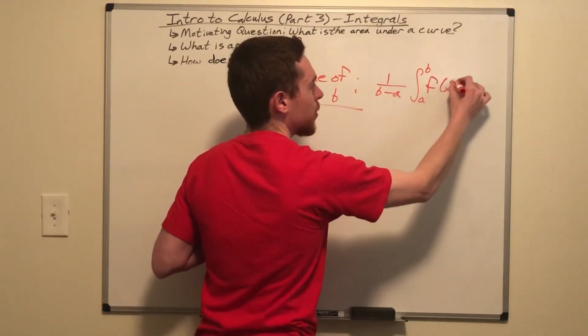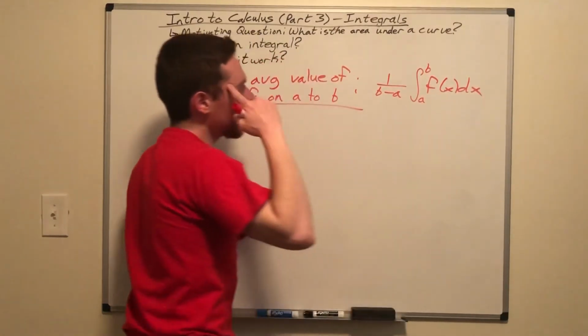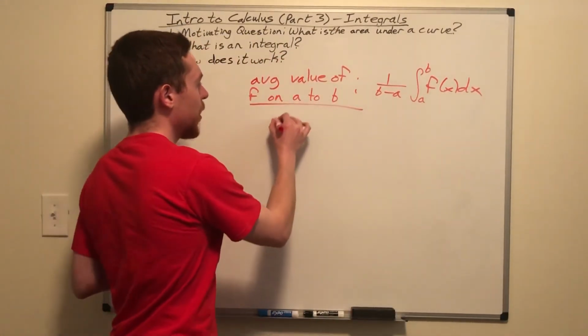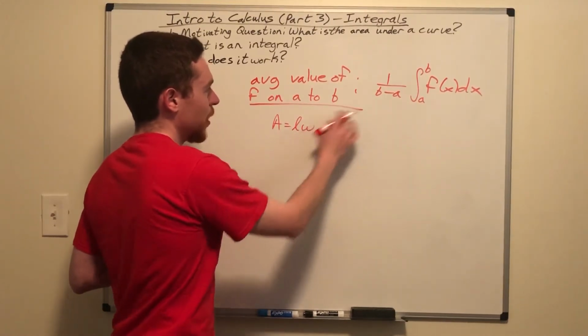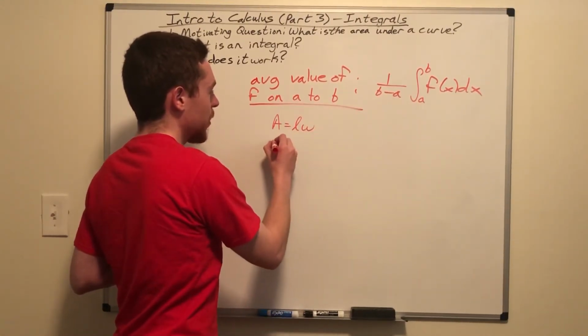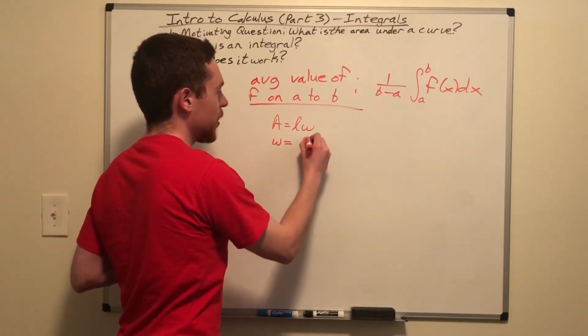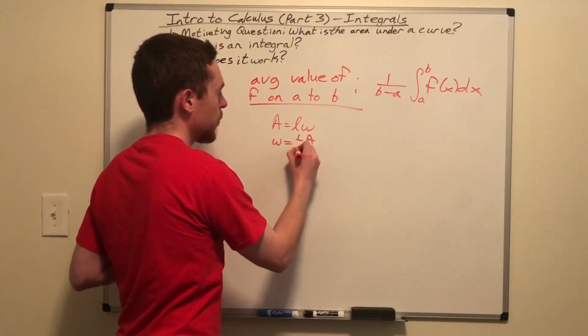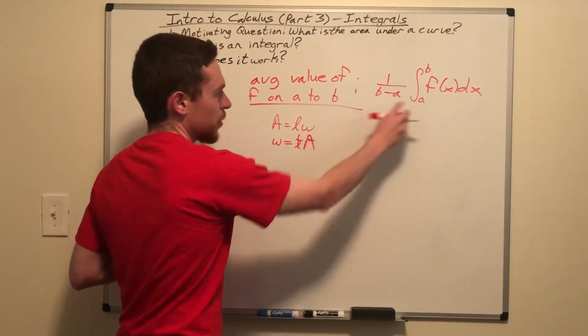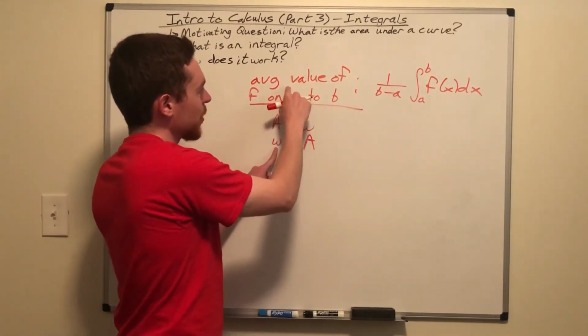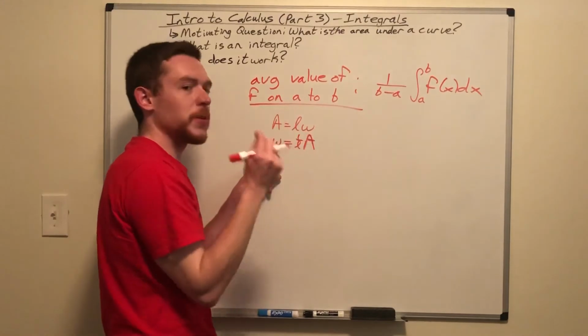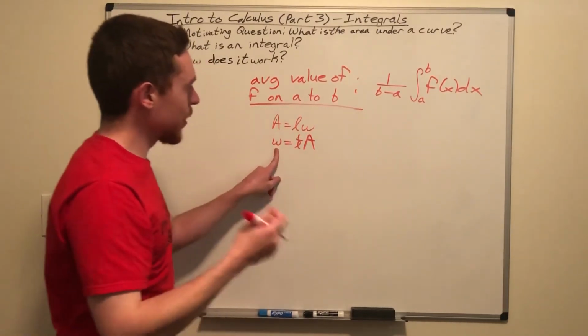And this should ring a bell, because the area of a rectangle is length times width. I just told you I divide by the length. So what this is basically saying is that this represents area, this represents length, and so the average value can be interpreted as the height of a rectangle, which makes a lot of sense.